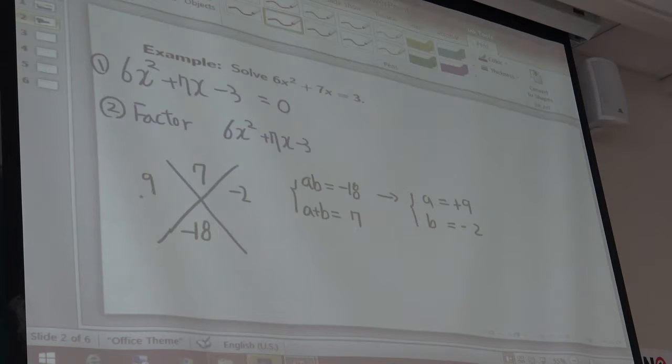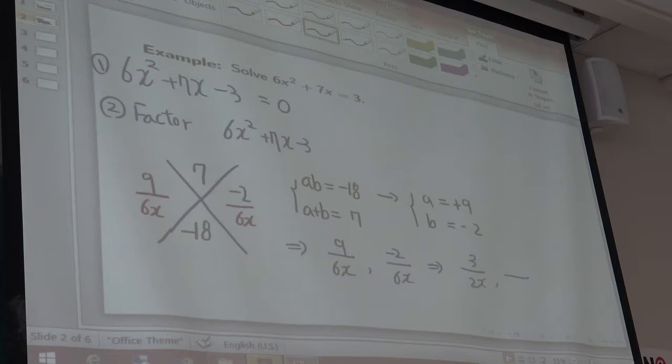Then we divide by 6x. And what happens is we have 9 over 6x and negative 2 over 6x. Now we can simplify: 9 over 6x is divided by 3, so we have 3 over 2x.